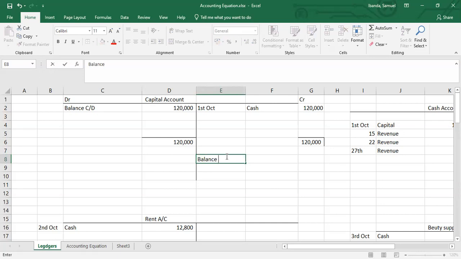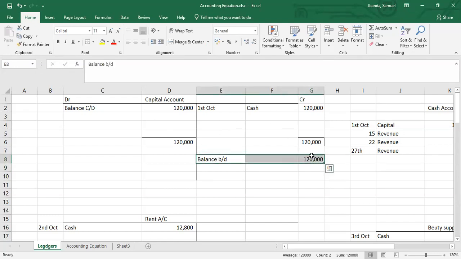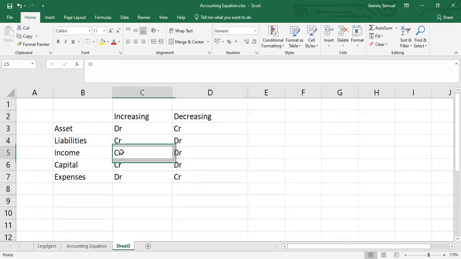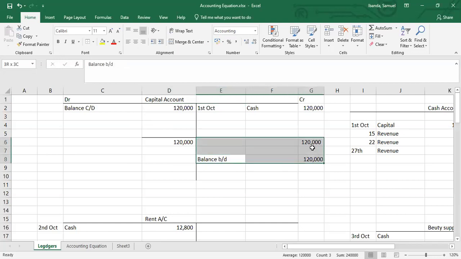Once you have your totals, then you have your balance brought down. Now we said that balance can also be balance brought forward, so it shouldn't confuse you. This balance brought down also demonstrates the normal balance for this account. Like the way we know very well that when capital is increasing, it is credited. So even the normal balance for capital should be on the credit. If you're balancing off and you see this on the debit, it should give you an alarm.